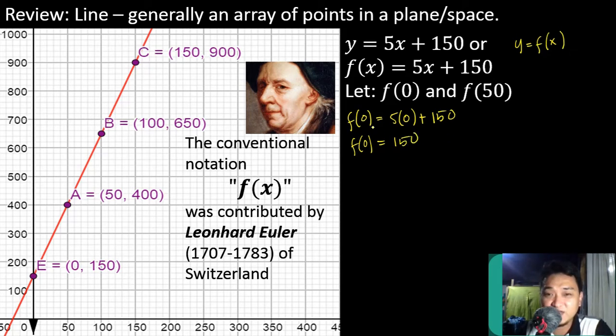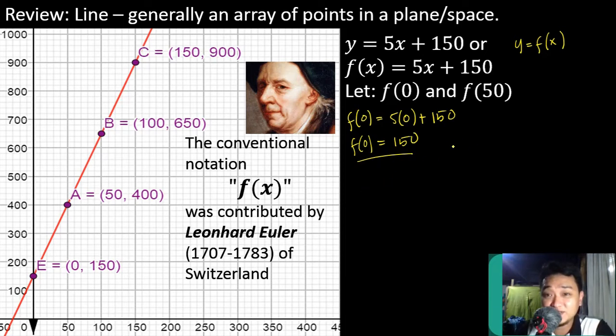So ibig sabihin, value ni x is 0 and the value of the function is 150. Or the value of x is 0, the value of y is 150. That pertains to the y-intercept, hindi po ba? Now, you have this conventional notation na ginagamit ni Leonard Euler.